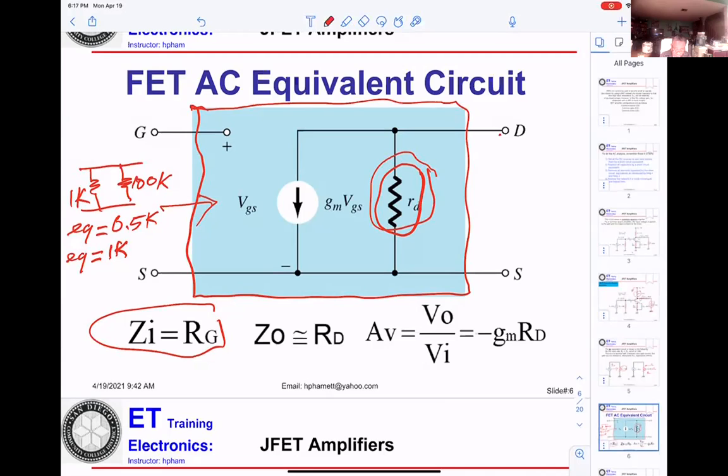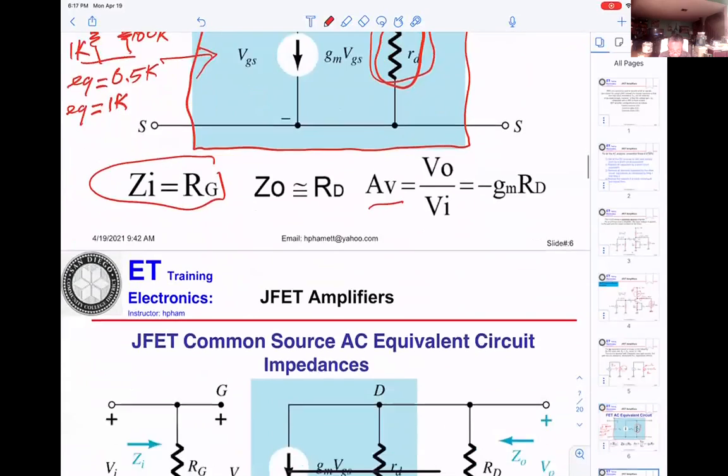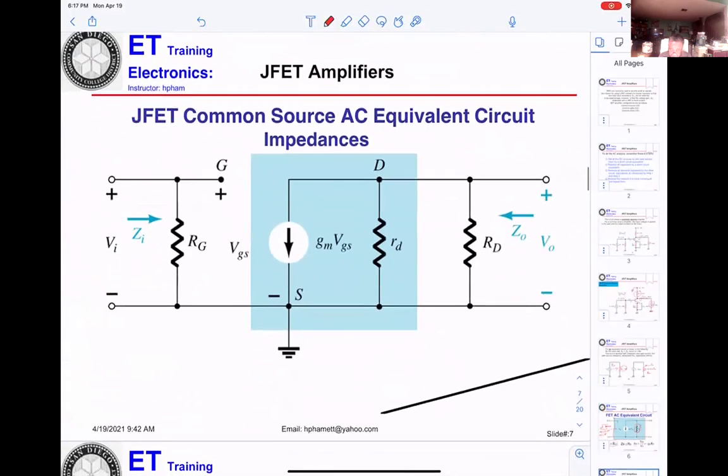And they gave you the gain equal V out divided by V in, and that will be equal to minus gm RD. Now that will be given to you in the circuitry, okay? They also get big RD, that means the drain resistance outside.